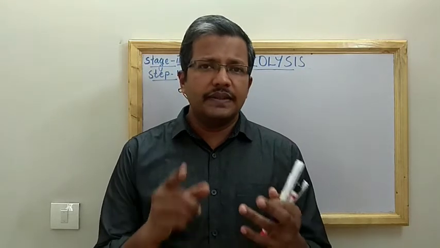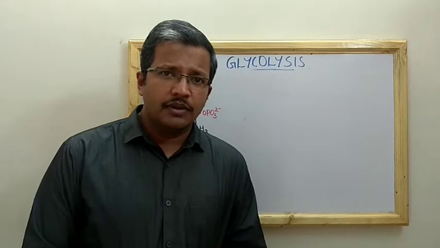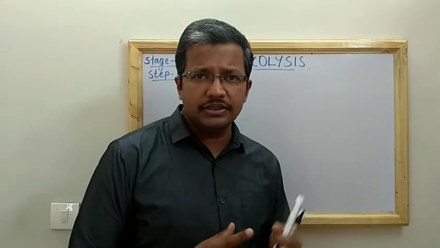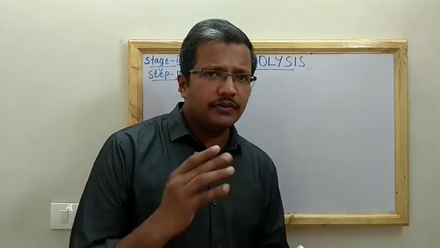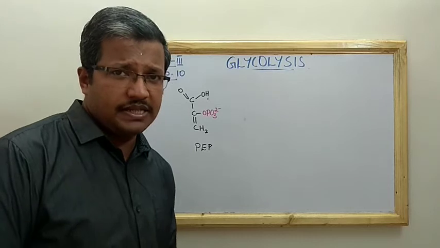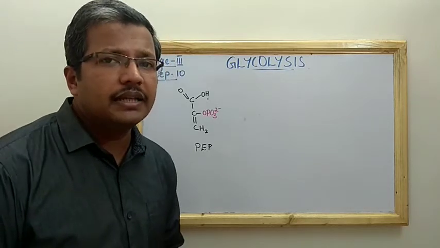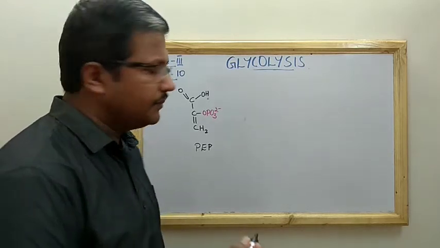So it is actually the rate determining step, the irreversible reaction. Hope you understood how the irreversible and the reversible reactions work. Okay, so let us see the third irreversible reaction, the third rate determining step in glycolysis, and the 10th or final step in glycolysis.